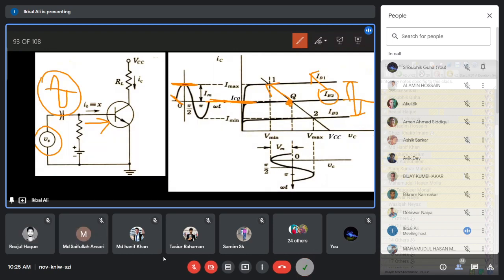Then the base current IB1 actually goes to 0 again. So Q1 from this position goes back to the original position, when the AC base current is 0. Then the collector current also goes to this 0 point.